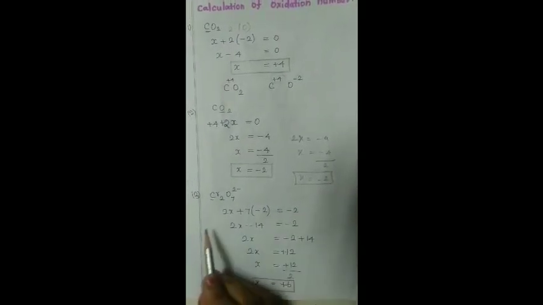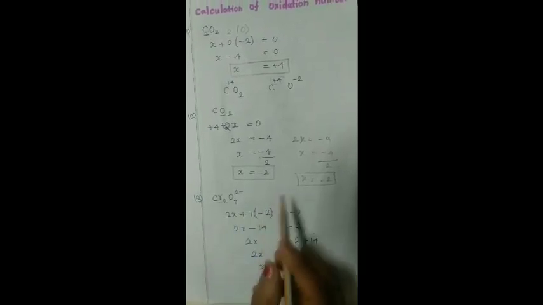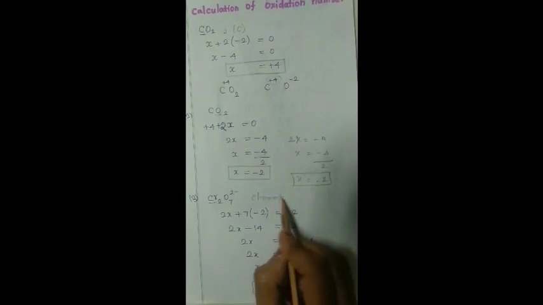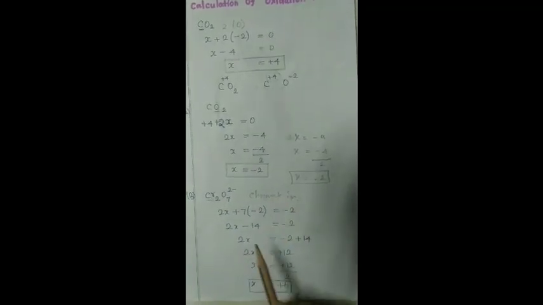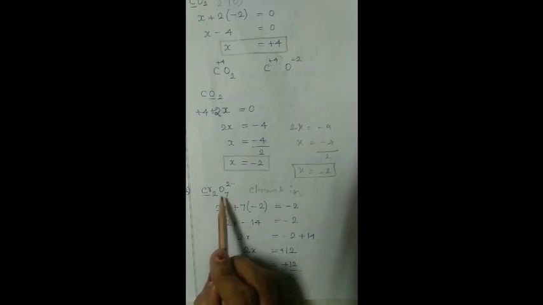And then next example. This is called the dichromate ion. Now I am going to calculate the oxidation state of chromium in the dichromate ion. How many chromium will be here? 2 chromium combines with 7 oxygen.